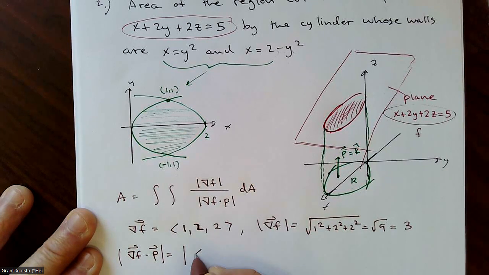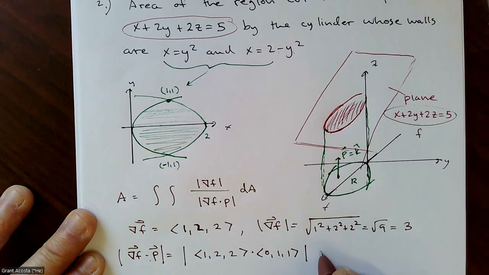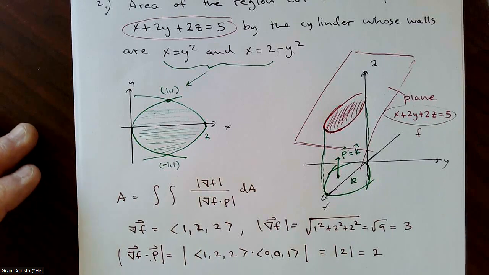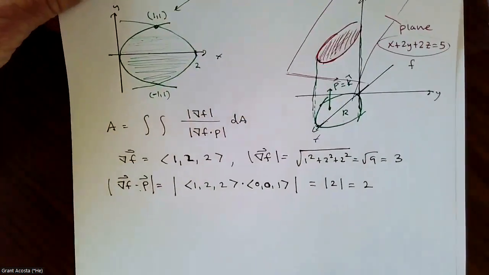So we're going to do the magnitude of 1, 2, 2 dotted with, since my p was k, 0, 0, 1. And that'll just give me 2. So this one worked out pretty nice.